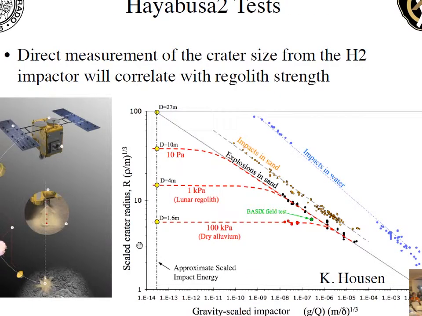In particular, Hayabusa 2 will actually form a crater on the body, and depending on how large the crater is, you can directly relate that to what the cohesive strength of the regolith of that body is.